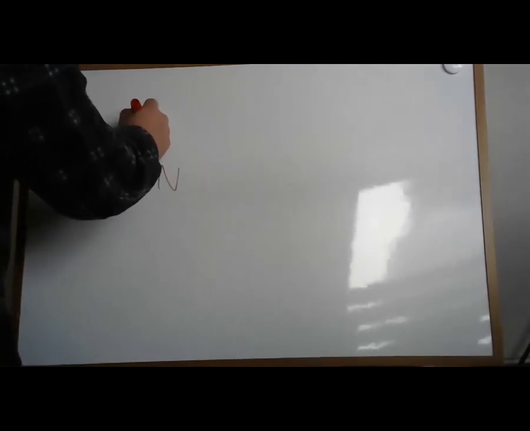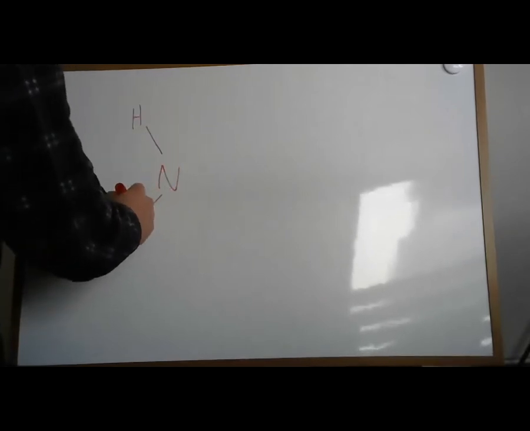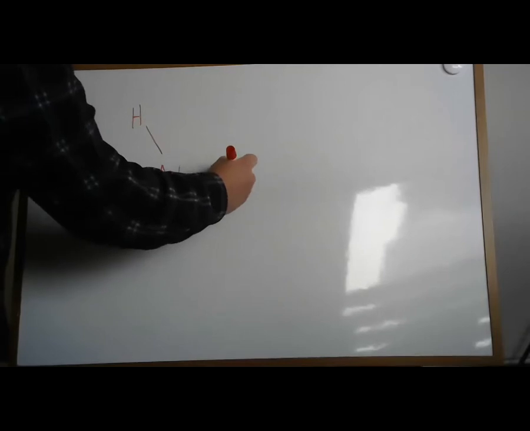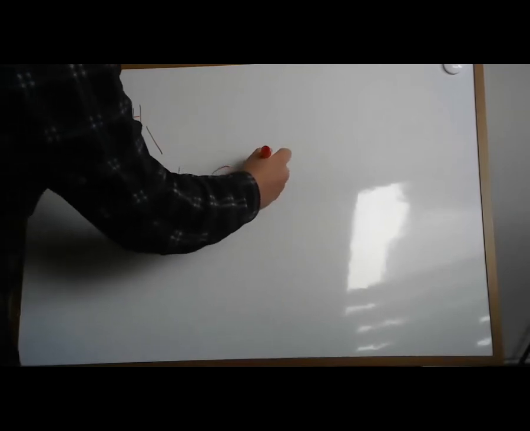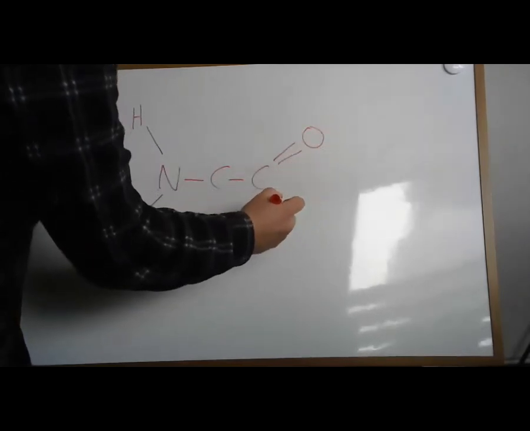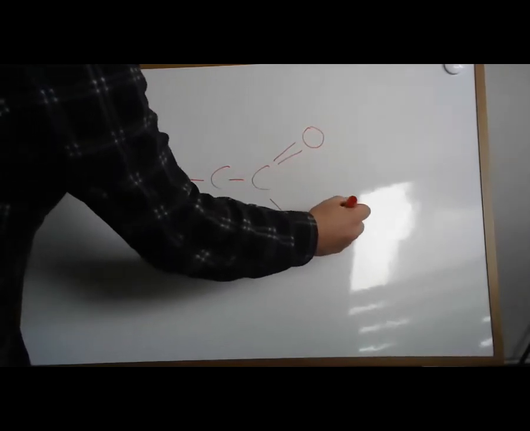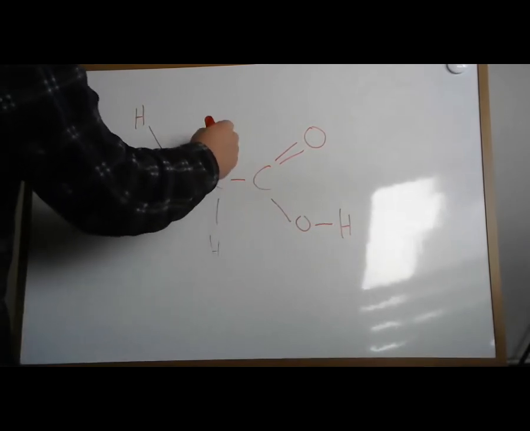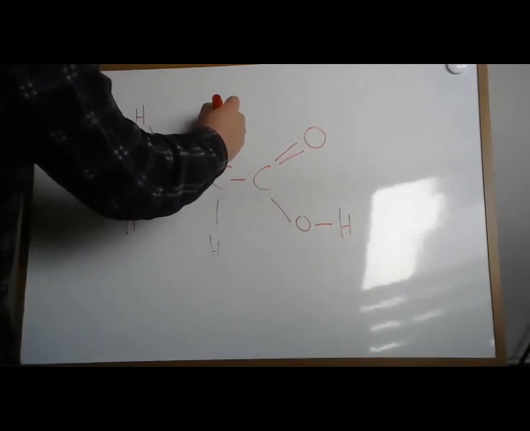So, general structure of amino acids. Then we have the R group.